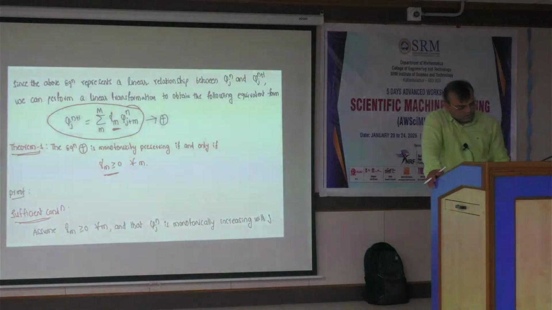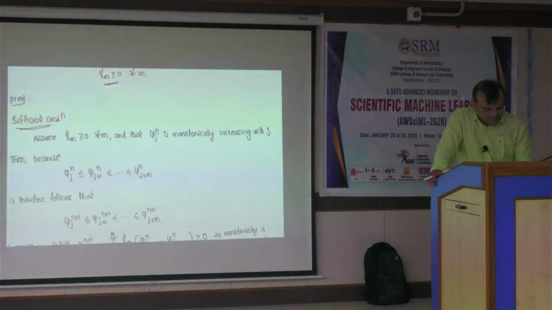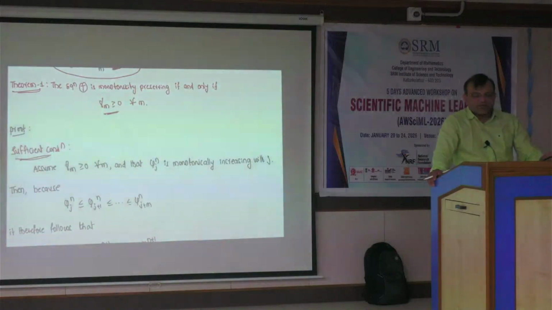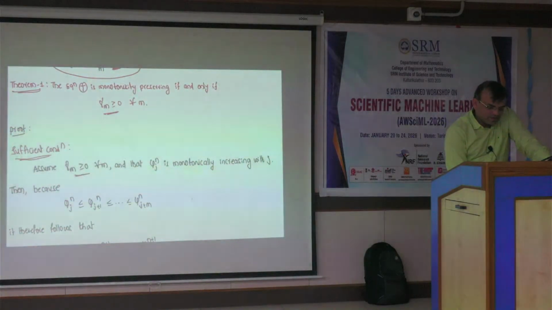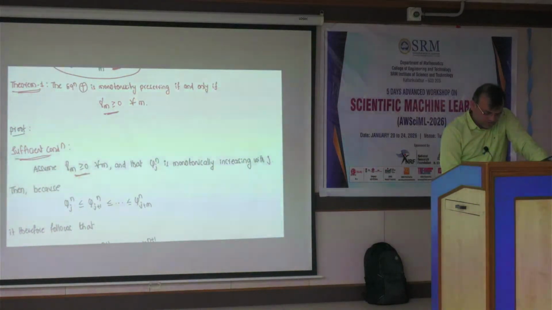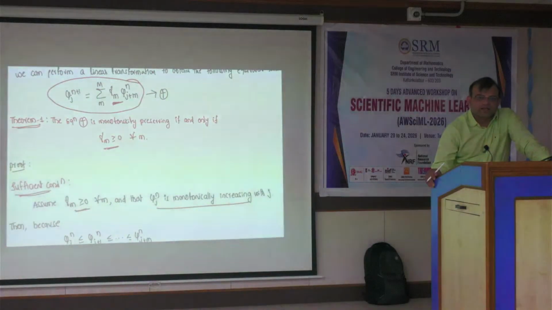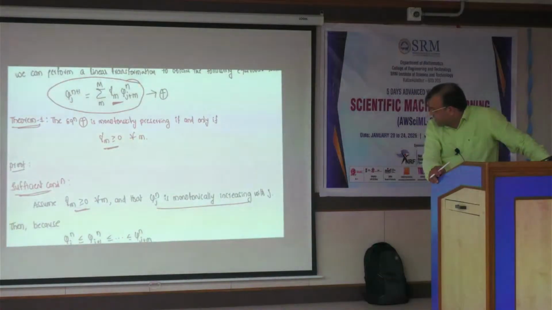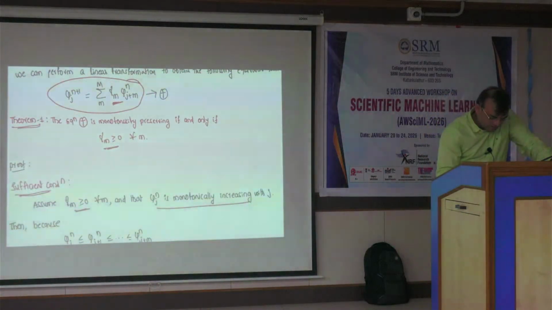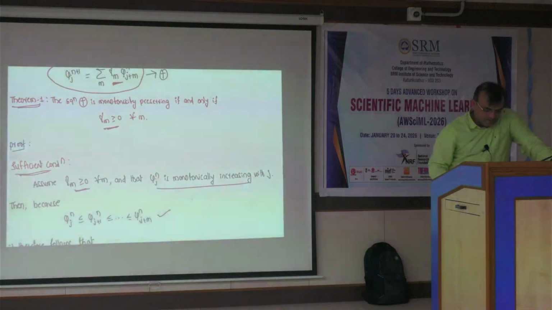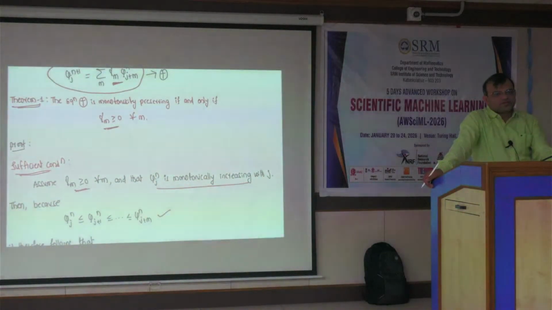I'll start with the sufficient condition. We start with gamma m positive, and we also take any function, written in terms of psi j n, that is monotonically increasing with respect to j. Then immediately you can write, if the solution is increasing, psi j n is less than or equal to psi j plus 1 n, is less than or equal to, and so on.